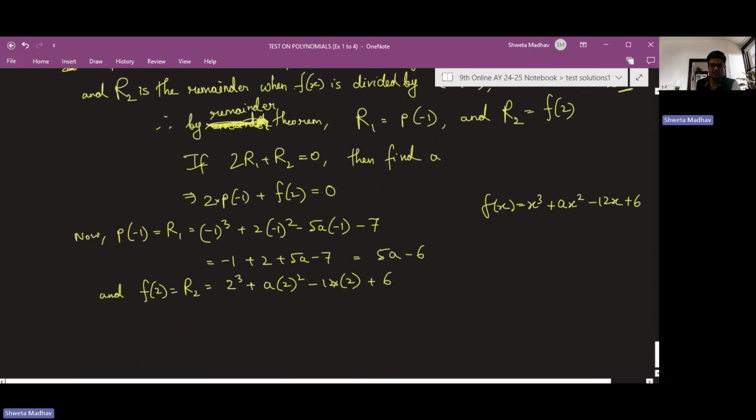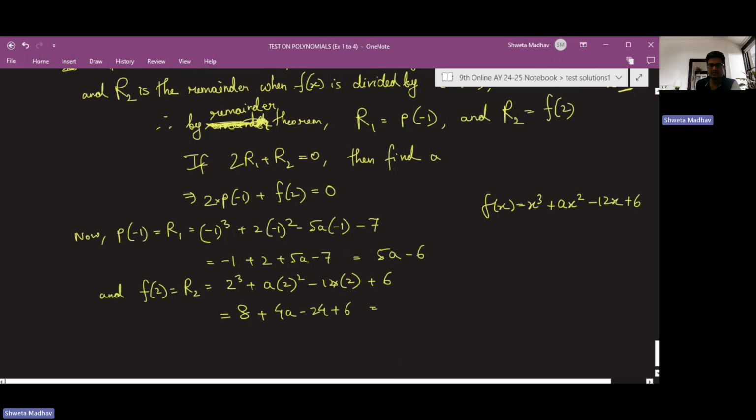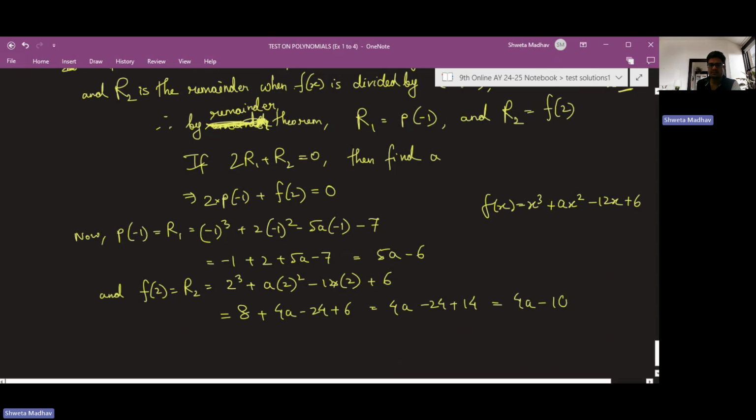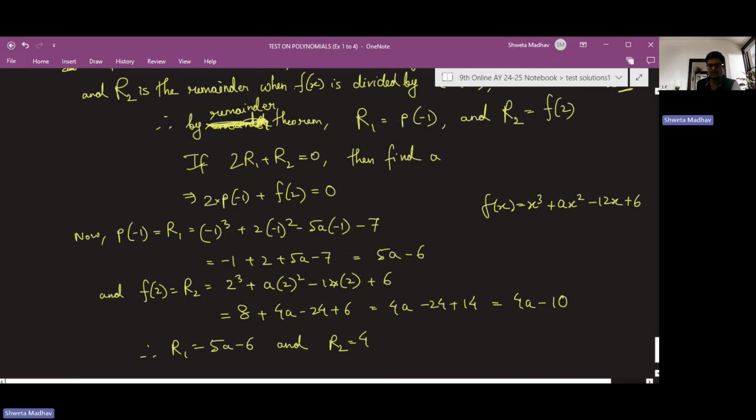So R2 will be 8 plus 4a minus 24 plus 6. So this will be equal to 4a minus 24 plus 14. 6 plus 8 is 14. So this is 4a minus 10. So hence we can see that R1 is 5a minus 6 and R2 is 4a minus 10.